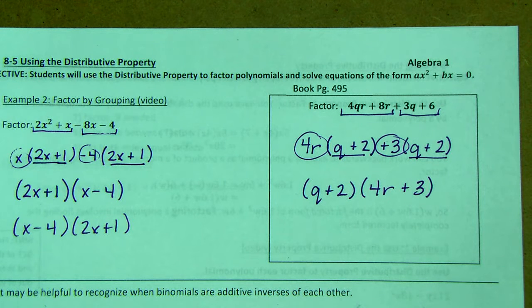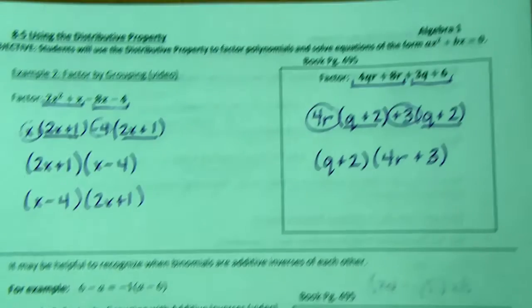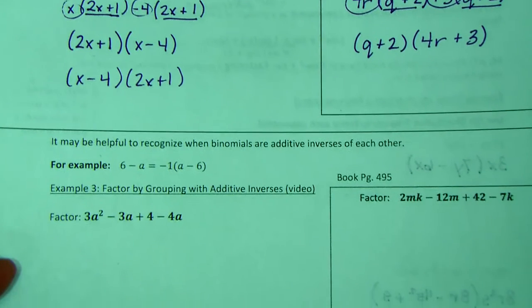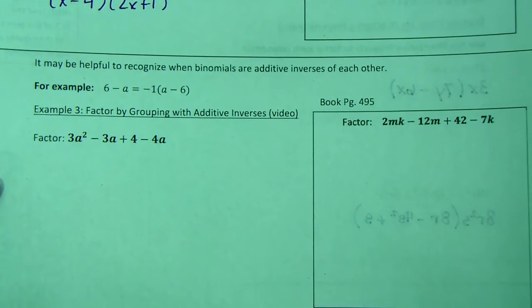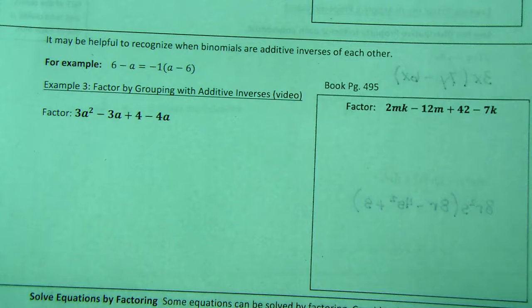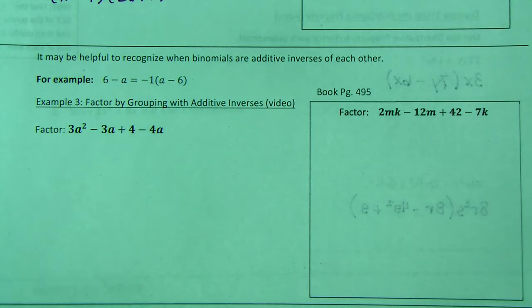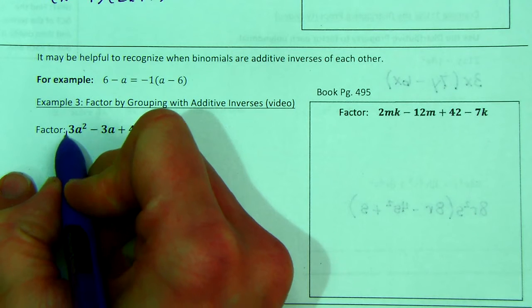Let's move on. Right here, you may have to move your variables around. Take this one, for example, or we can move my terms around, excuse me. If I take out here 3A, I get A minus 1.